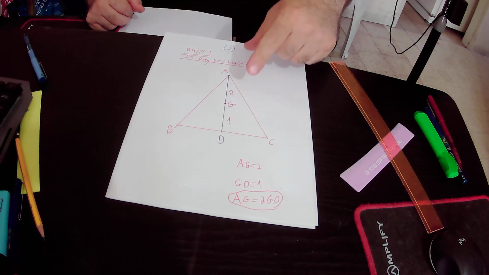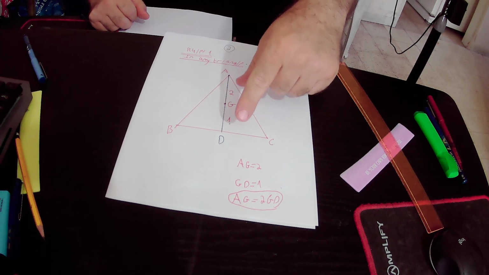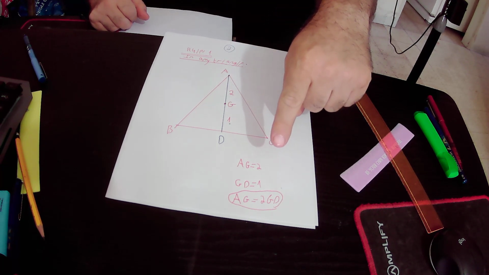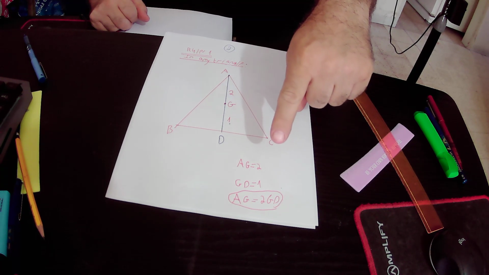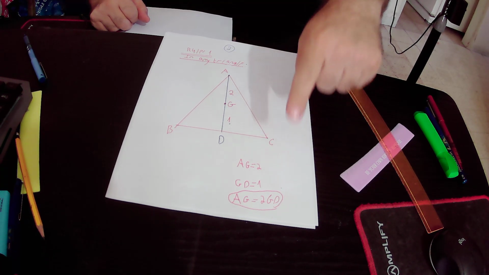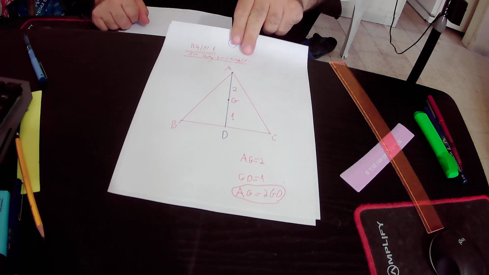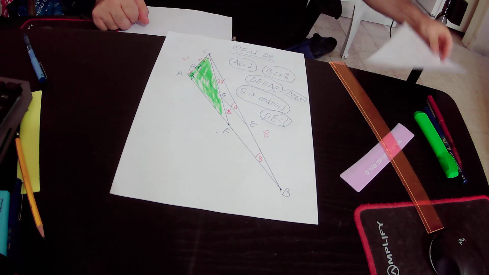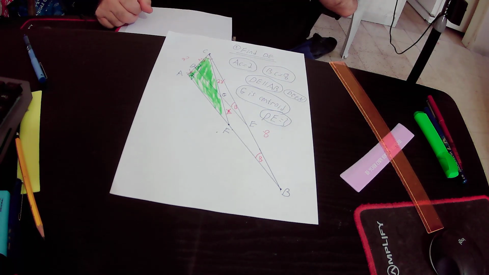Or in other words, AG is twice as large as GD, or in terms of an equation, AG equals 2 times GD. Okay, that is rule number 1.